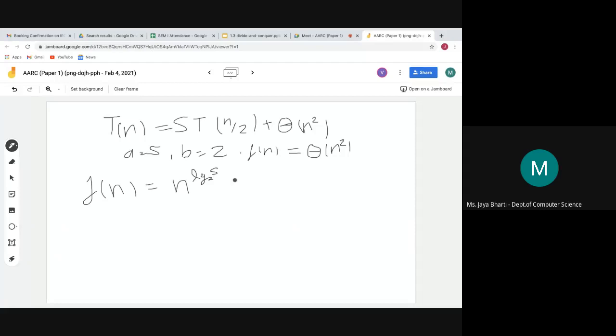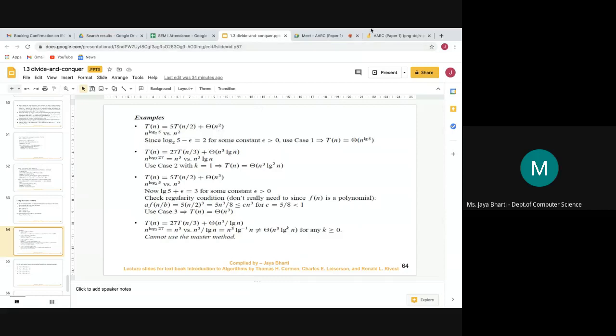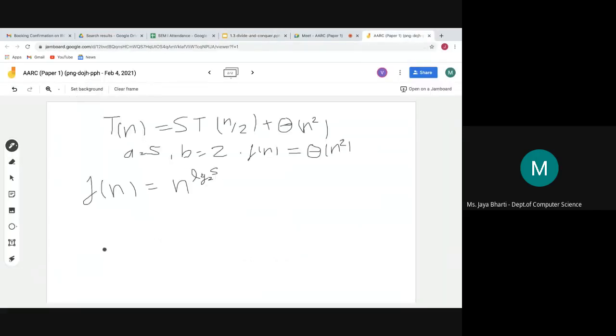Okay. So when you compare these two, f of n is theta of n square. Theta means it is exact, so you can write it also like n square only.